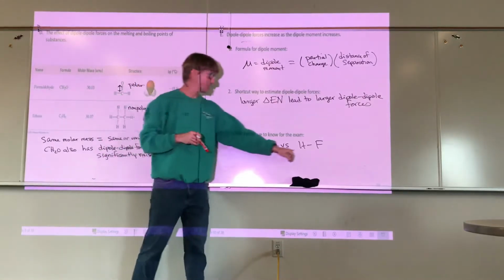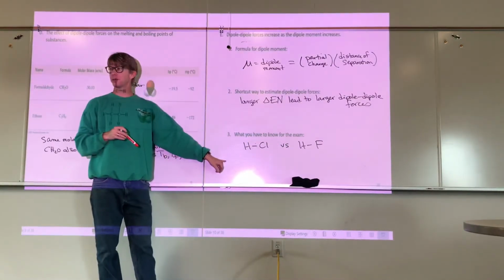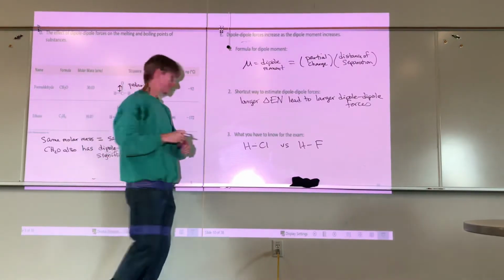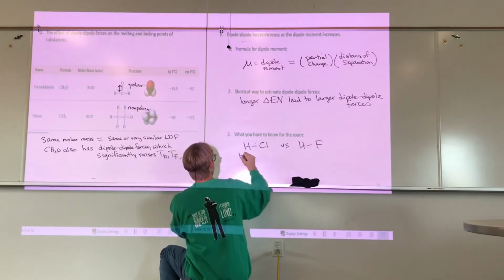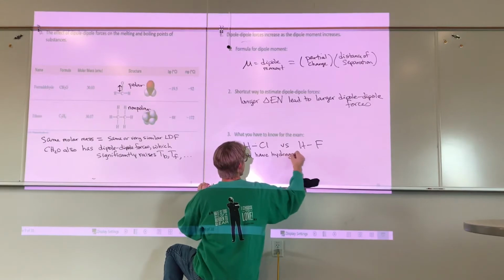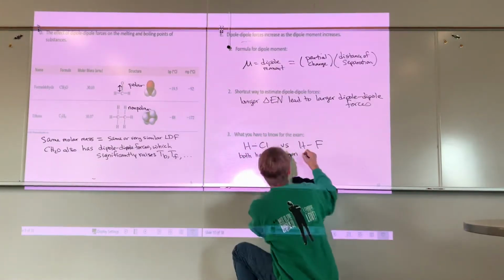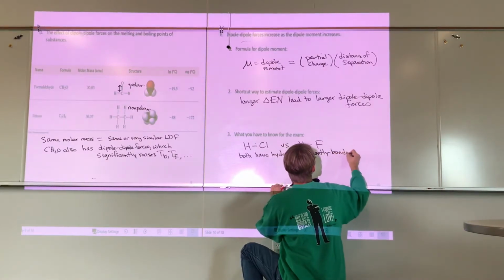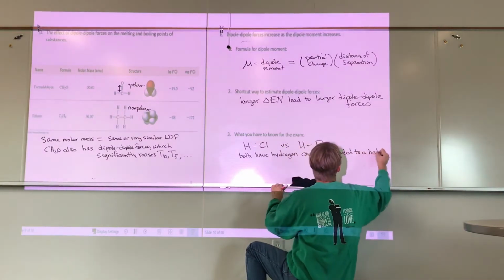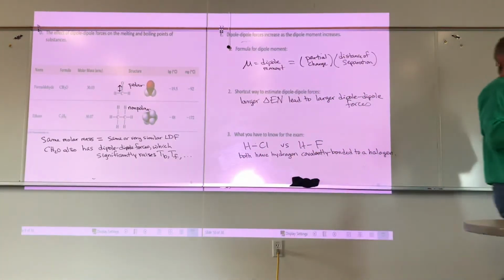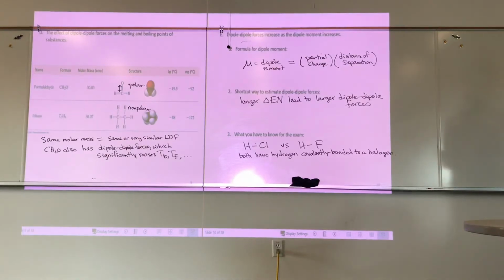First off, HCl and HF, both of these have hydrogen covalently bonded to a halogen. And beyond that, it is useful to know that hydrogen is always covalently bonded to something.